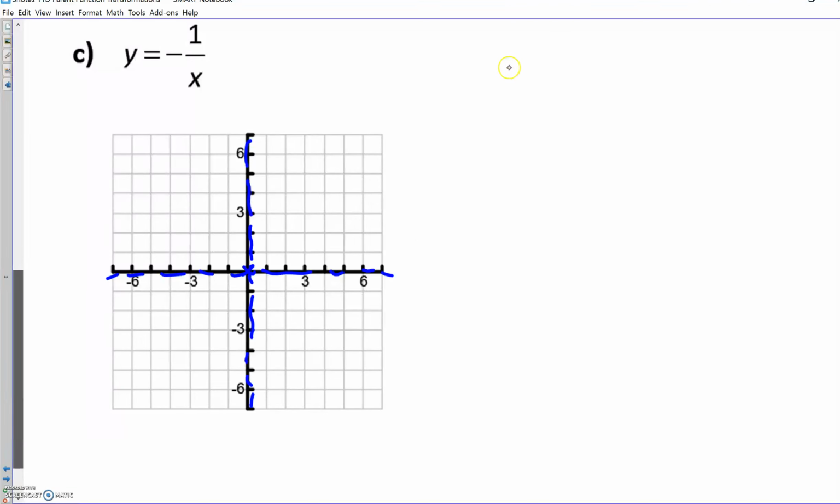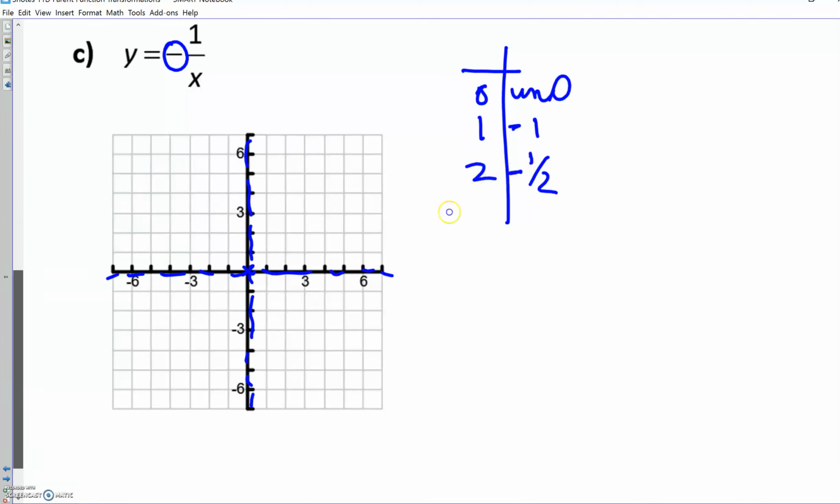But this time, because of the negative sign, when I have my 0, which is undefined, 1, 1, 2, 1/2, you see we're going to get negatives there. -1/2 is going to give me a -2. So this time I'm going to go over 1, down 1, over 2, down 1/2, and it's going to look like this. So it's going to switch the direction of my graph.